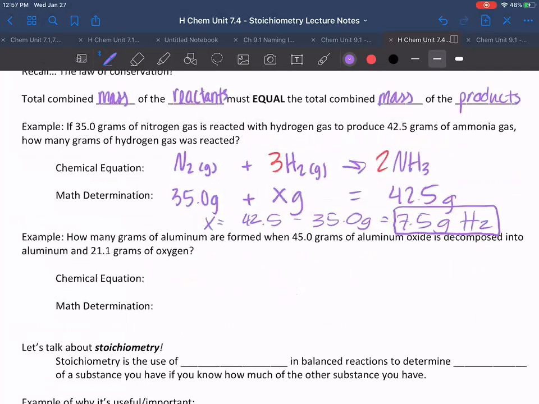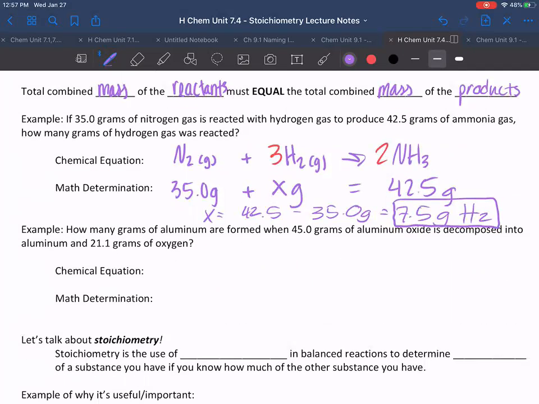I want you to try to write out this chemical equation and get it balanced. And I'm going to give you a little hint: decomposed. So think about what goes on which side of the reaction arrow, or think about what's being formed and what side that should be on.